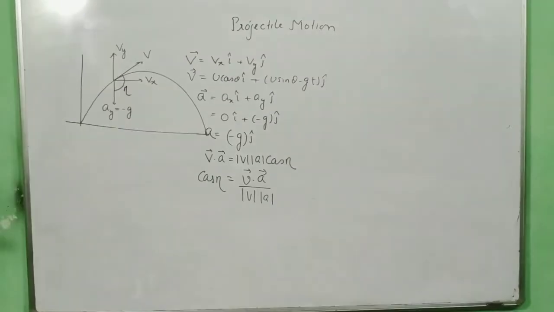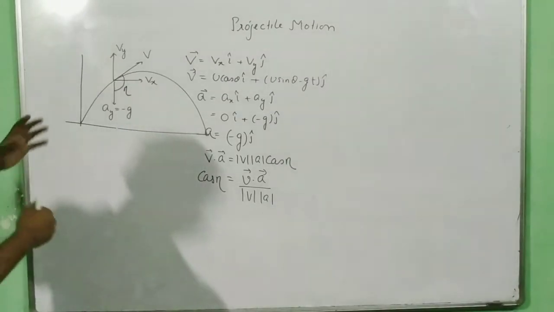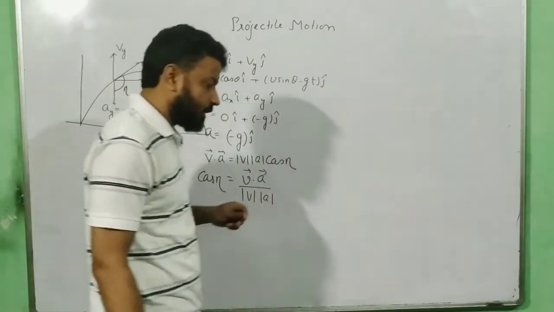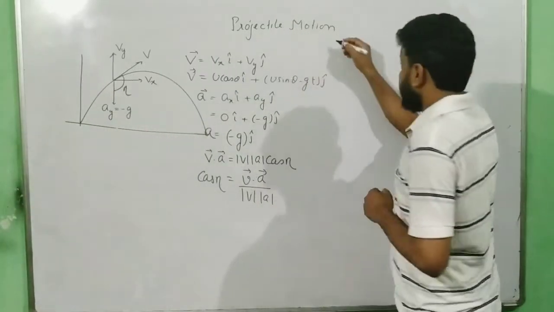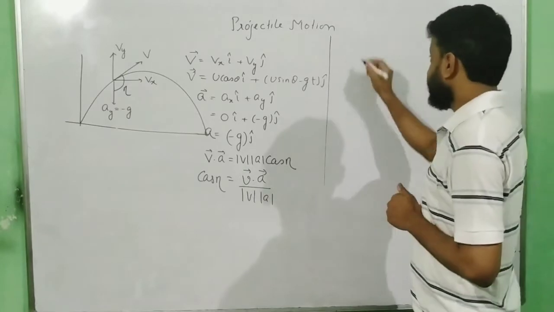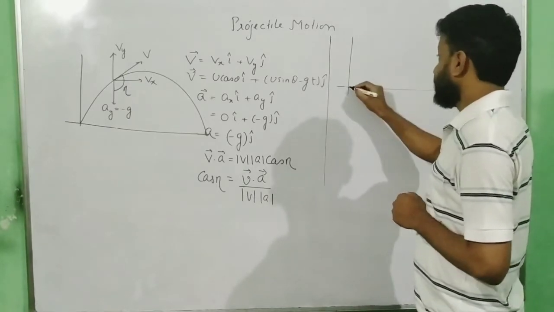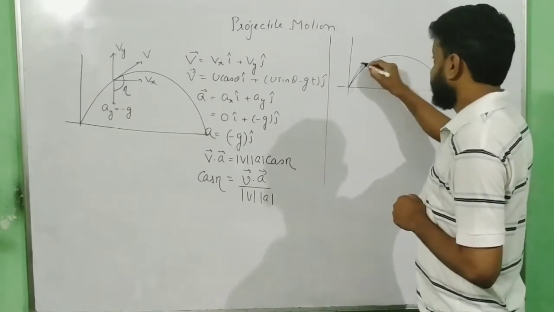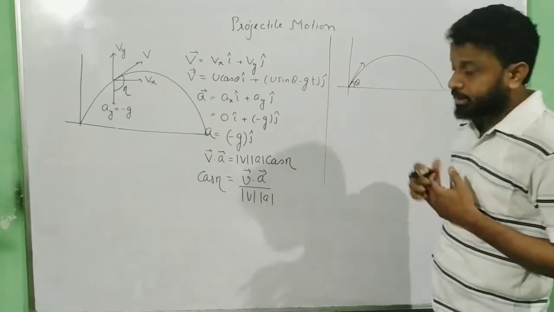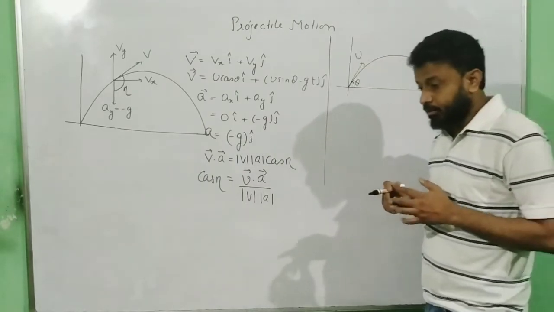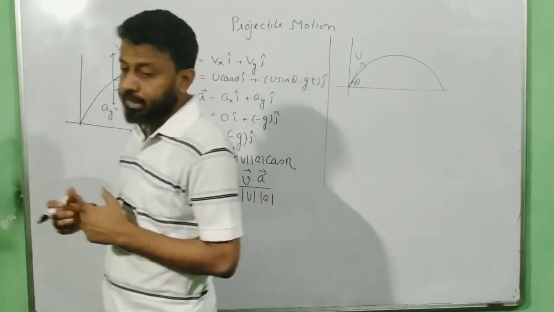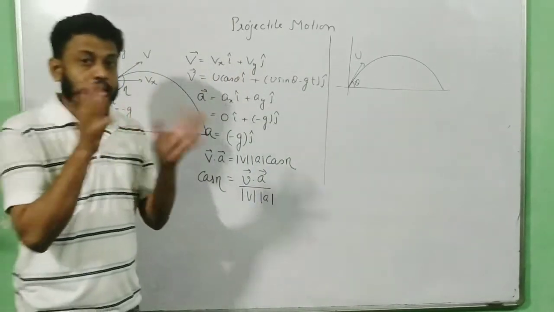In one of the years, they asked a question in the IIT exam. You have an initial velocity of a projectile given at an angle of theta. The question is, after how much time will the final velocity become perpendicular to the initial velocity?